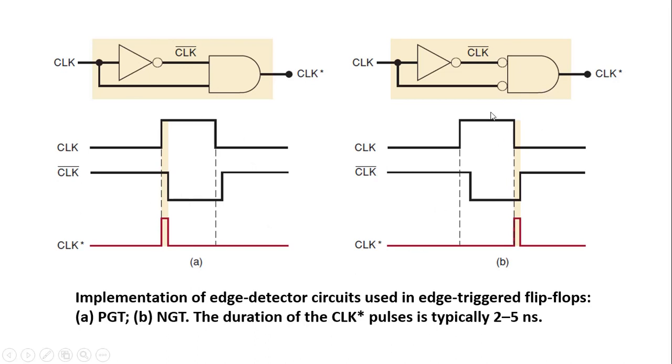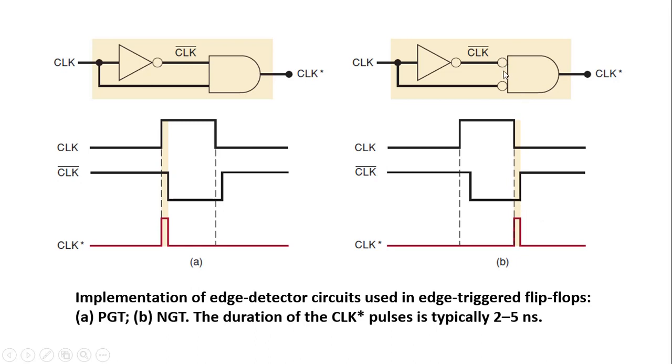Similarly for negative edge triggering, what we have done is we have just used this AND gate with both the inputs inverted. So what will happen? Suppose initially the clock is at 0, and at this instant it goes high. Now the clock bar will go to 0 after this delay. Now again when the clock is going to 0, the clock bar will go to high after a certain time duration.